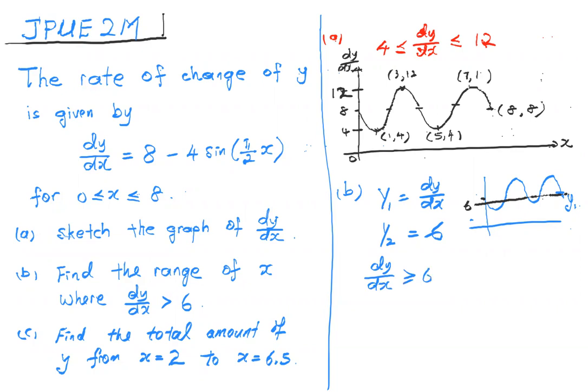So I have to get all these intersection points. So that means I'm talking about this part, from here to here, because my dy dx graph is above the y equal to 6 graph. Okay, so you have to find this intersection point and this.